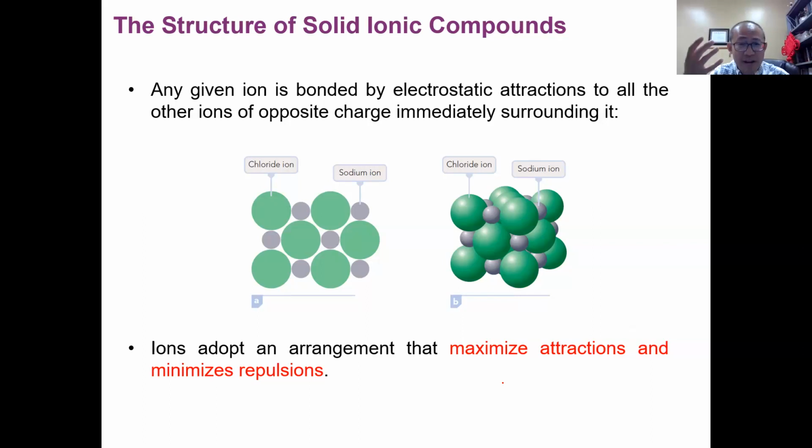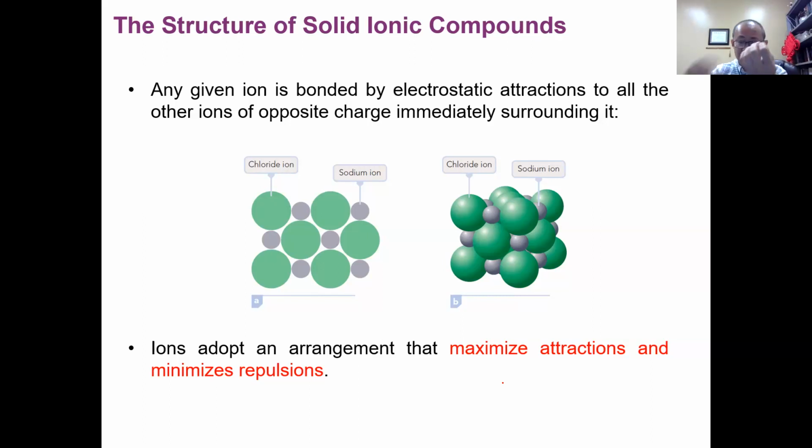And each chloride ion, the bigger one, is surrounded by a few sodium ions. For sodium chloride, the surrounding number is 6. So each sodium is surrounded by 6 chlorine. Each chlorine is surrounded by 6 sodium. And because of that surrounding, the charge attractions are maximized. And of course, the repulsion is minimized.